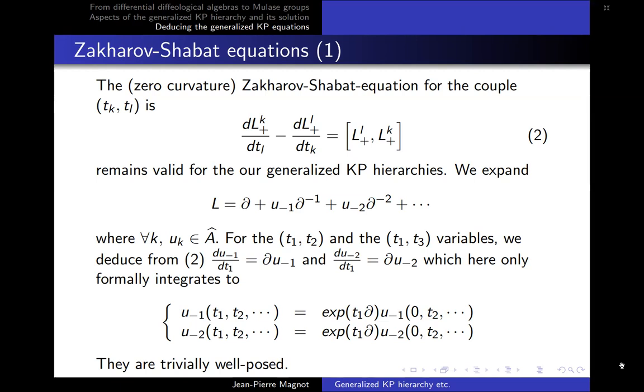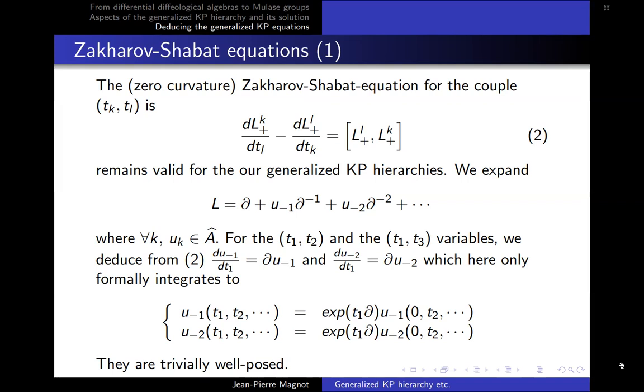So here let us just analyze what happens for the lower terms. For this, I will use notations for the first coefficients of the solution L, and as in the standard case, the equations with T1 just give d over dt1 equals to partial, the differential.